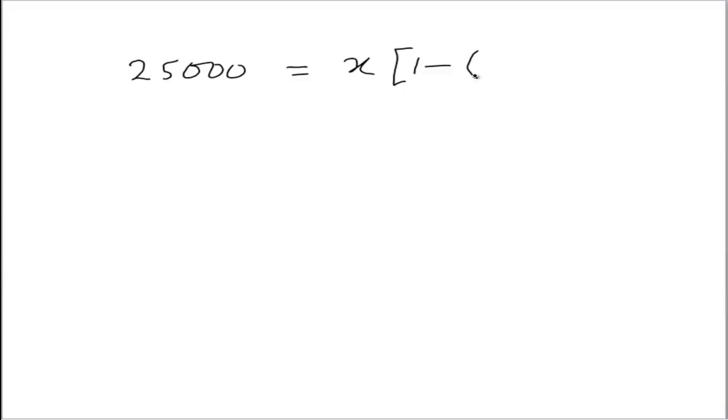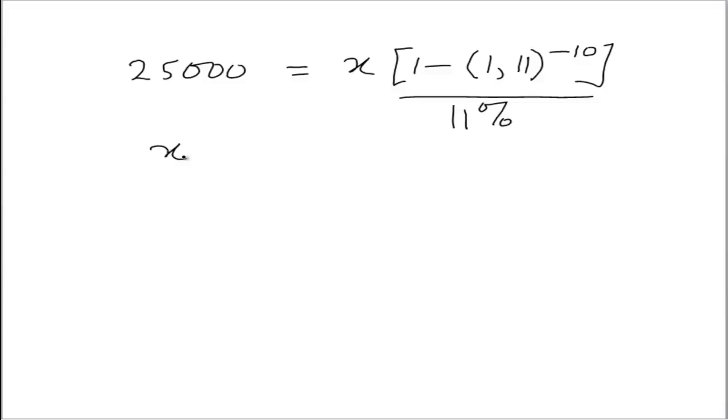You notice the interest rate is 11%, so 1 plus 11% is 1.11, and then it's over 10 years, so it's minus 10, all over 11%.